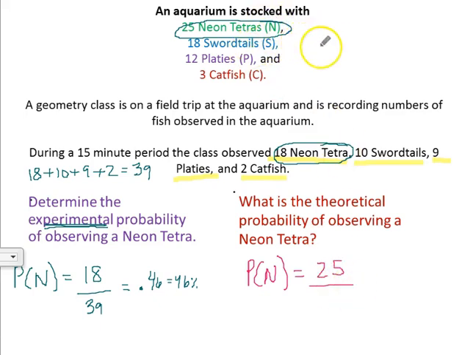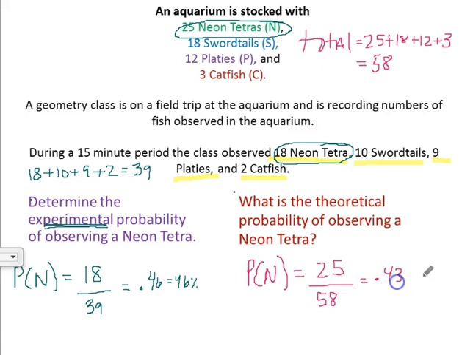And the total number of fish is what? 25 plus 18 plus 12 plus 3. So add all those together, and what do we get? Total of 58 fish. So again, we can leave it as a fraction, or we can write that as a decimal, or we can write that as a percentage.